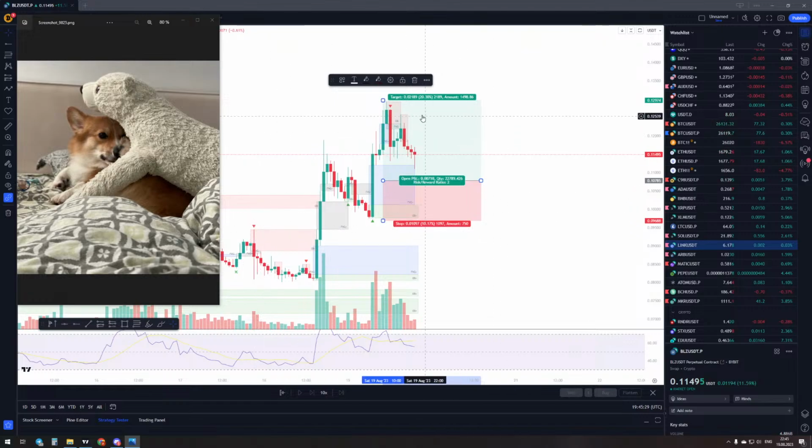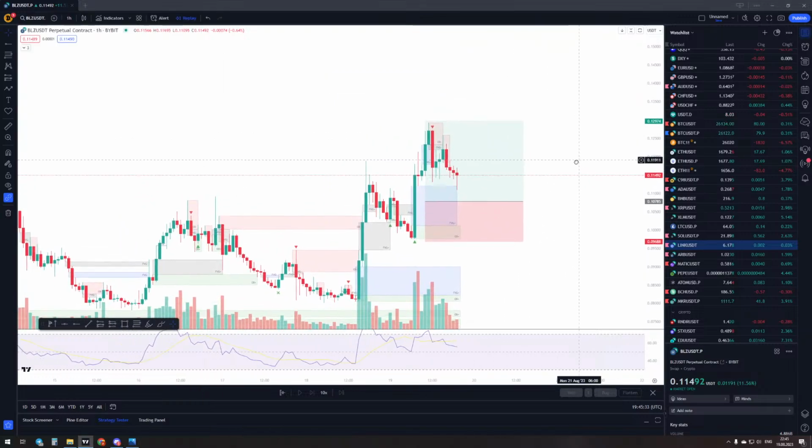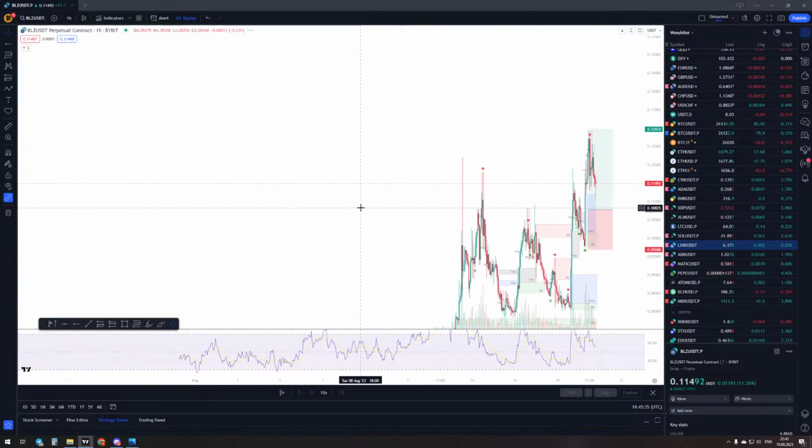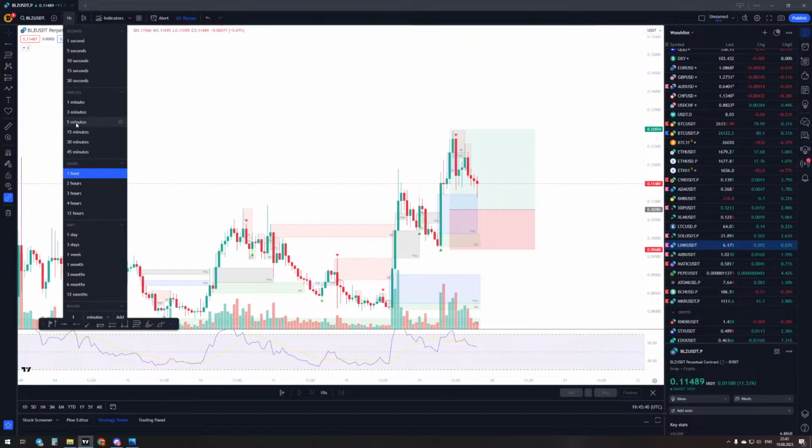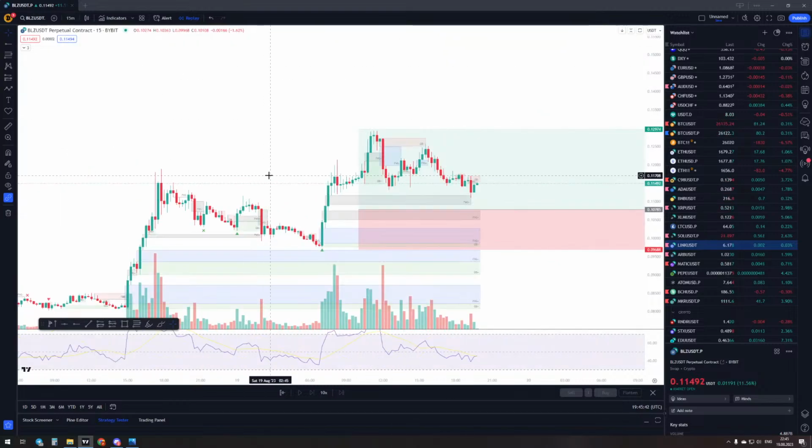But for example, this trade that I posted was a good 1 to 2, but let's dive into low time frames.